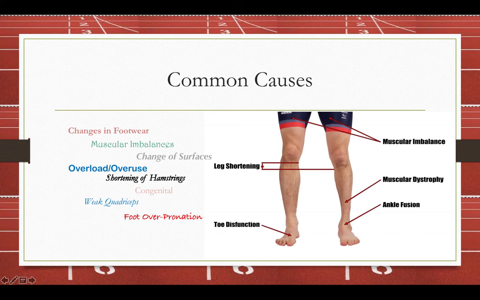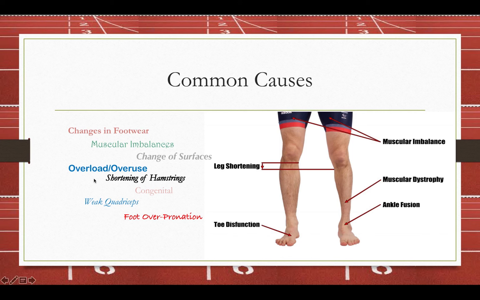Some muscular imbalances we talked about, abrupt changes in surfaces, so from soft to hard or hard to soft, overload or overuse. So we have athletes that are not periodizing their training, so they're going too hard too soon. Shortening of the hamstrings has also been a cause, studies have shown.